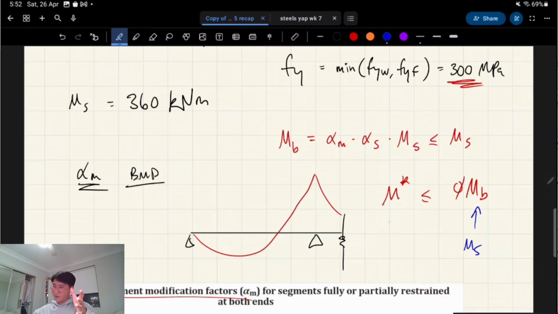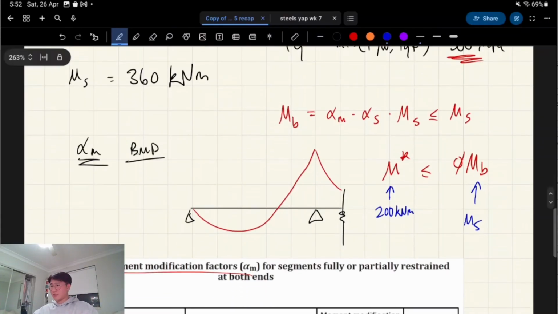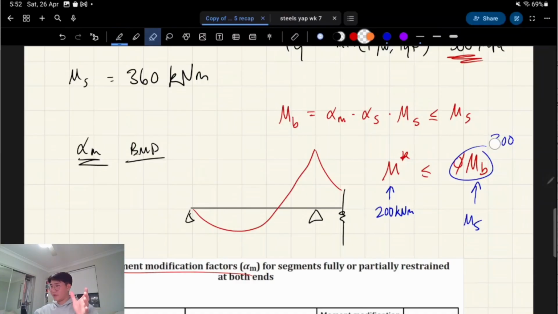Say, for example, your M star, your external moment, was 200 kilonewton meters applied to your beam, let's say. So if phi MB is 300, then we're safe, right? If it's 200, it's on the dot, but yeah, it's safe. If it's 199, it's unsafe and it breaks, right?